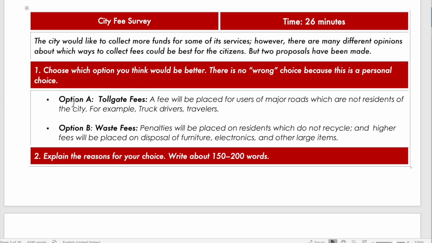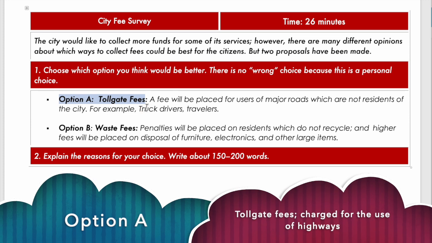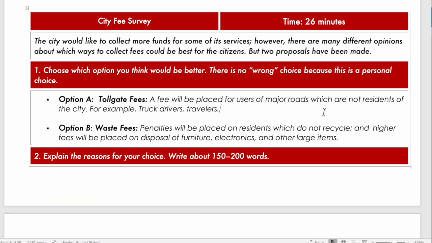Okay. So, option A, toll gate fees. A fee will be placed for users of major roads who are not residents of the city. For example, truck drivers, travelers. So, a fee, a cost when you use the major roads or highways.